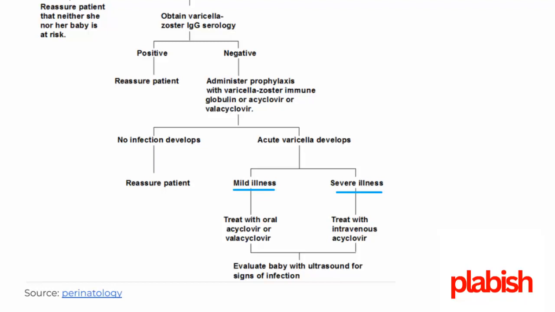If it is a mild illness, then oral acyclovir. If it is a severe illness, then IV acyclovir. Afterwards, we will also do an ultrasound to evaluate the baby for signs of infection, whether the mother has transmitted infection to her baby.